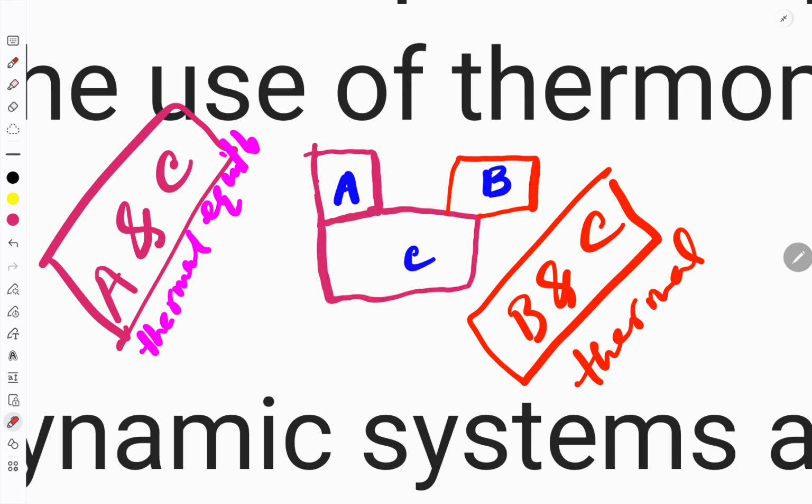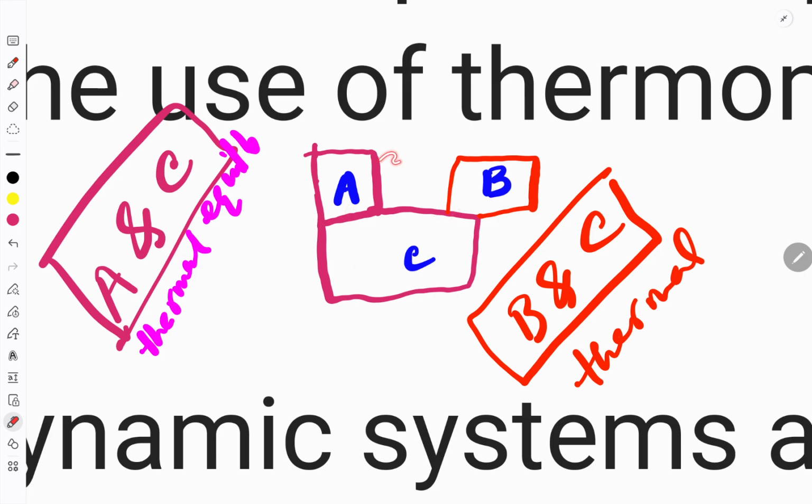So the zeroth law of thermodynamics says system A and system B must also be in thermal equilibrium, even if they are not connected, even if they don't touch each other. So you can see that A and B are not touching each other directly, but indirectly they are touching each other through C, okay? So let me repeat.